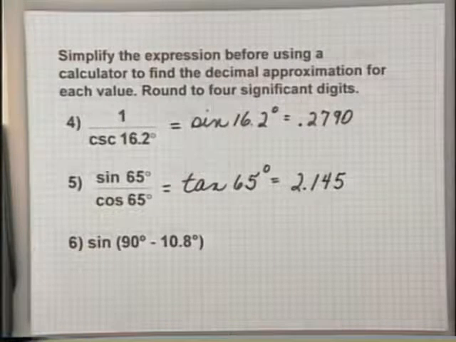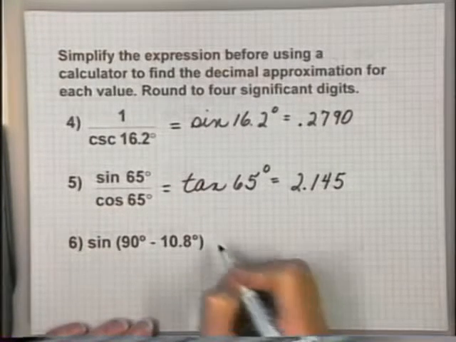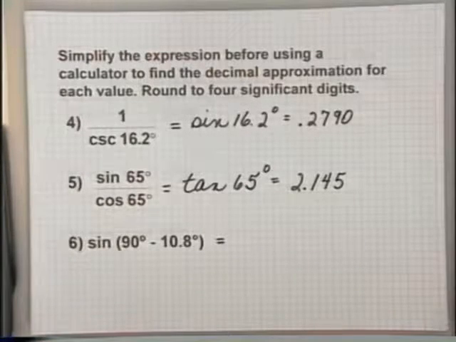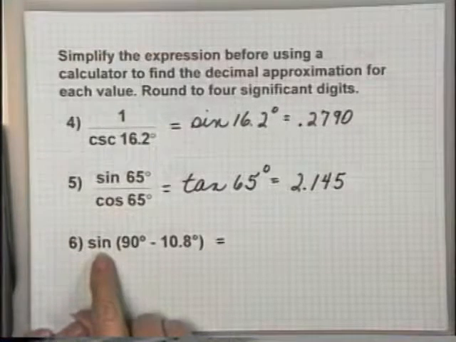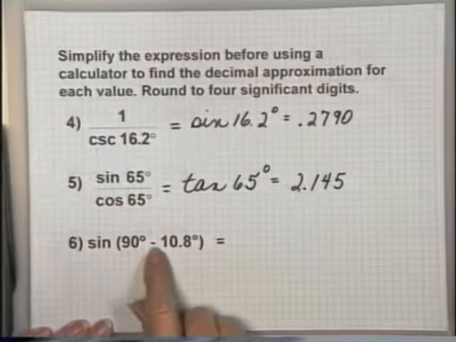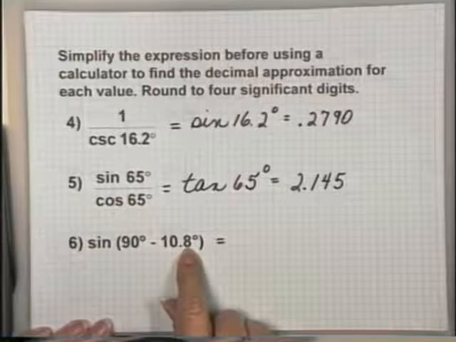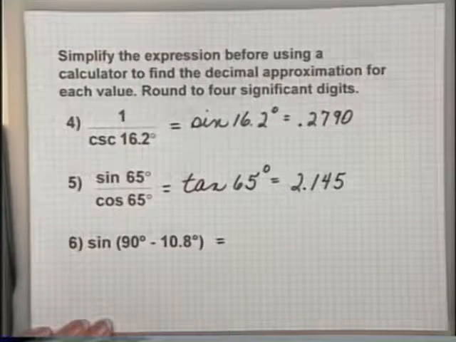Now, look at this number 6. What they want us to do here is to recognize that we have the sine of 90 degrees minus an angle. They want us to use the cofunction identity.